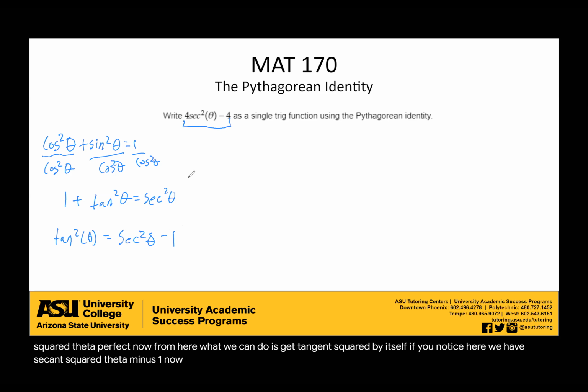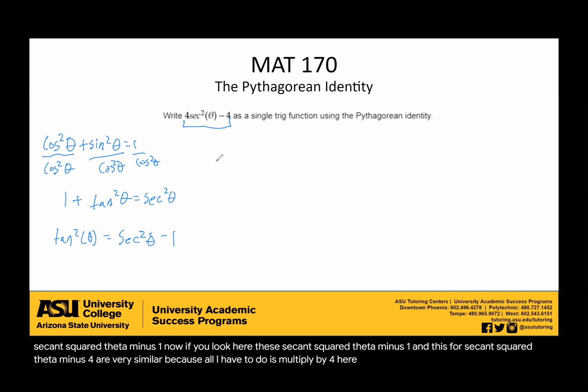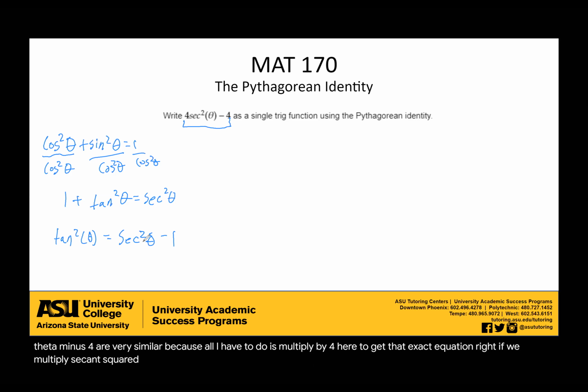Now, if you look here, these secant squared theta minus 1 and this 4 secant squared theta minus 4 are very similar because all I have to do is multiply by 4 here to get that exact equation, right? If we multiply secant squared theta by 4 and this negative 1 by 4, we get 4 secant squared theta minus 4. The only thing is that we also have to multiply 4 to the other side.